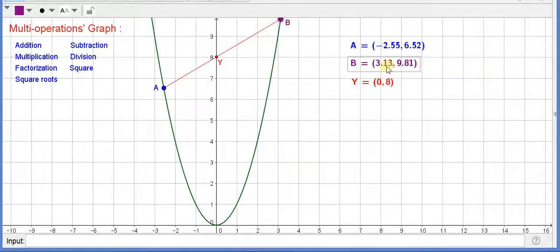So we have done division also with the help of this graph paper.